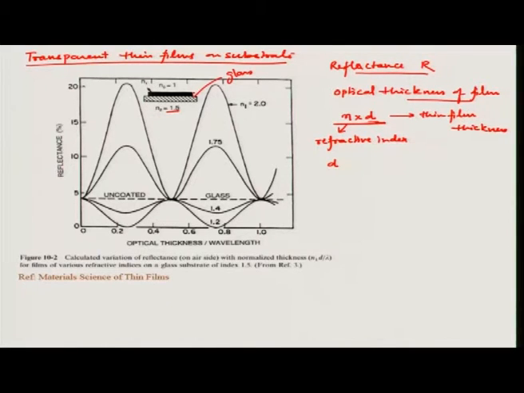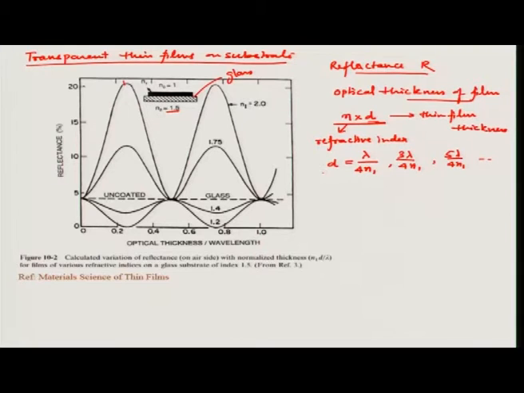The d thickness will get the maxima of the reflectance for certain thickness of the film, described by lambda by 4 N1, 3 lambda by 4 N1, 5 lambda by 4 N1.